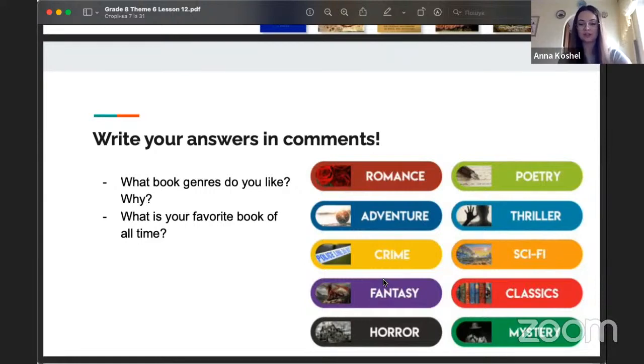So what about you? Which book genres from this list, or maybe there is something else that we have missed out? Which book genres do you like and why? And what are your favorite books of all time? Maybe it's not just one, maybe it's two, three, many more. Definitely, sometimes it's difficult to choose just one book genre or just one favorite book that we prefer most.